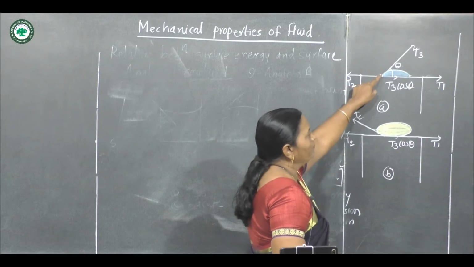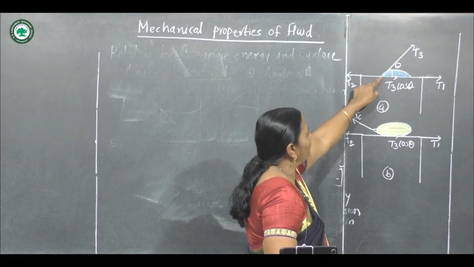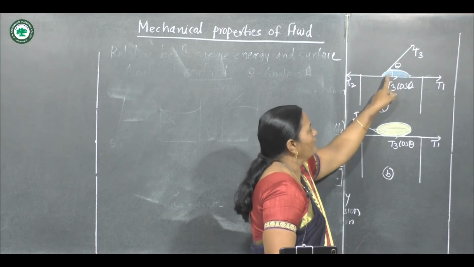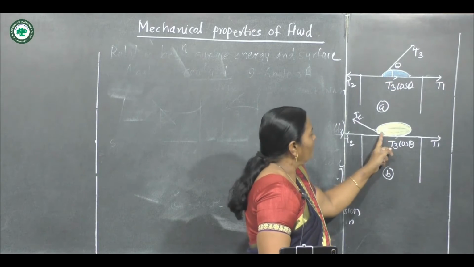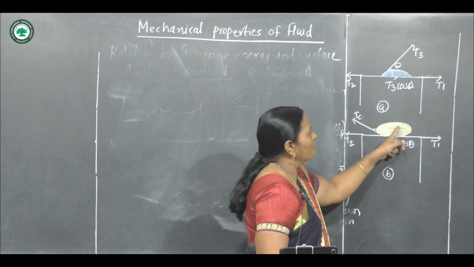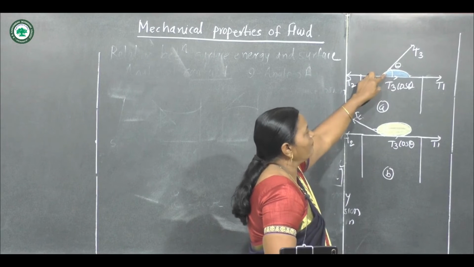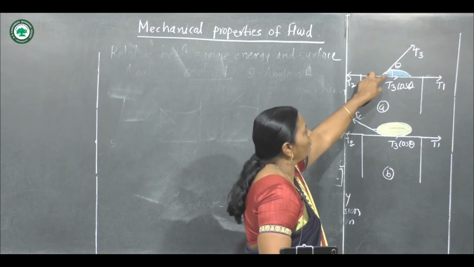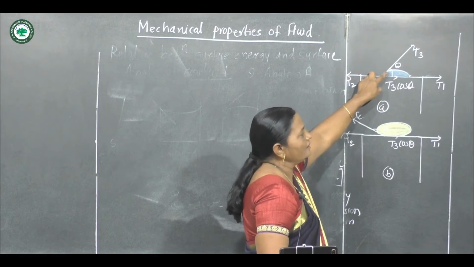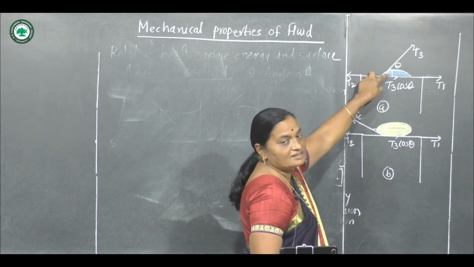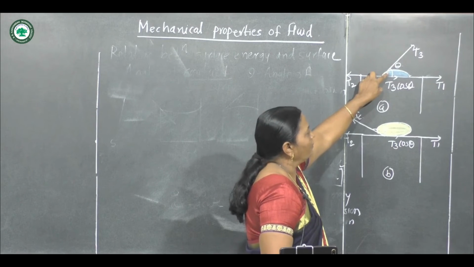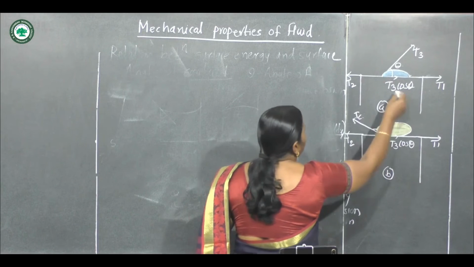In case of impure water or kerosene, it is like this, and in case of mercury, this is the drop. In case of kerosene or impure water, the angle theta is less than 90, theta is acute here.